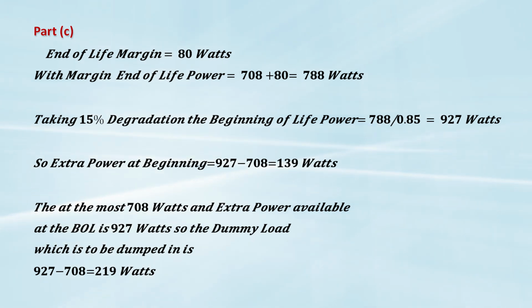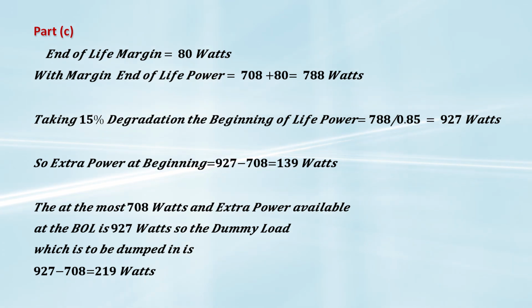So, with 15% degradation the power at BOL, that is beginning of life, will be 927 watts. We can find the extra power by subtracting the 708 watts at EOL from this 927 watts at BOL. So, it comes out to 139 watts.